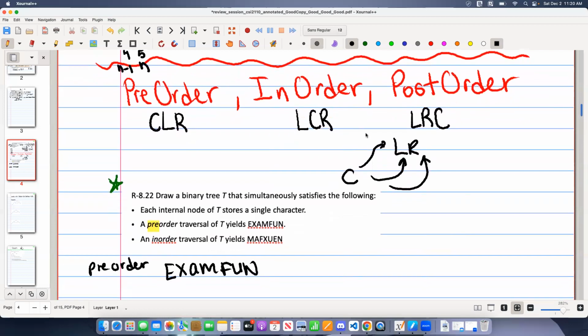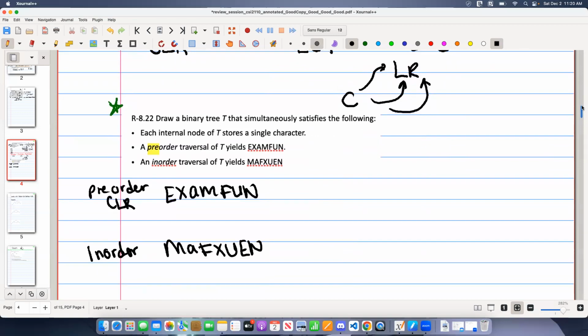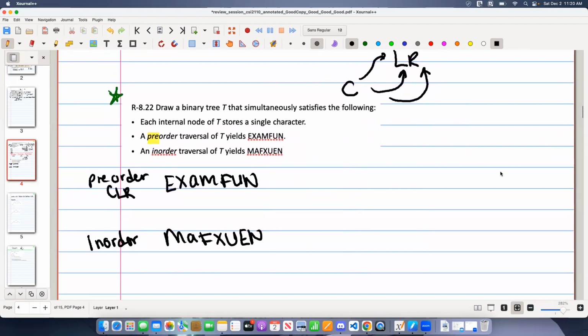But you see pre-order. This is where the order kind of matters. And this is probably one of the first things you should write on your exam, just in case you forget. Maybe you memorized it. If so, good for you. You have CLR. That means you go to the center, then the left, then the right. And then for in order, you have left, center, right.